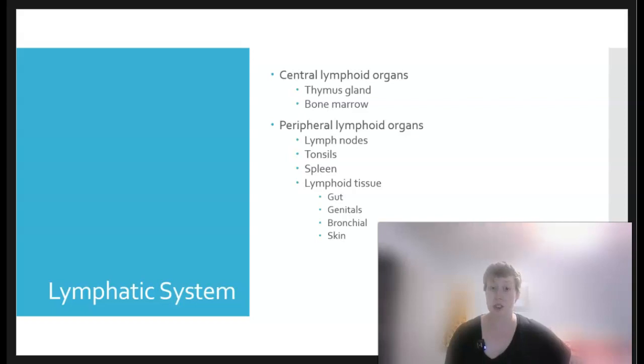Genitals, sexually transmitted diseases are transmitted through there, or just urinary tract infections, that sort of thing. Bronchial, so if we breathe it in, this is where you're getting your pneumonia or your influenza-like viruses. And then skin. So our lymphoid tissue has specific areas within those tissues that protect the body from those external microorganisms.